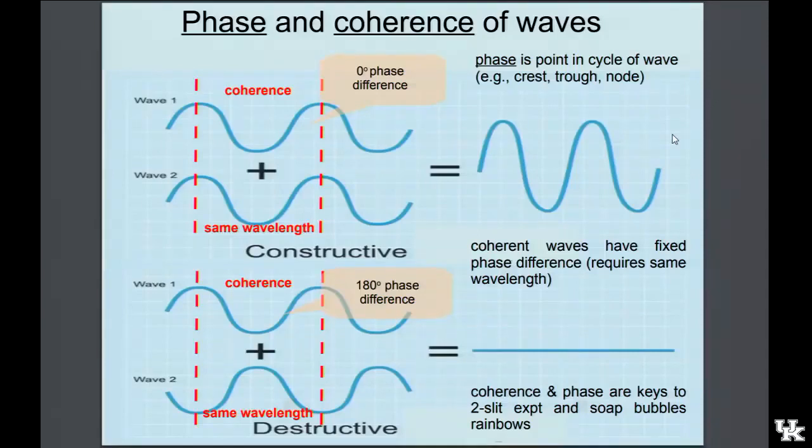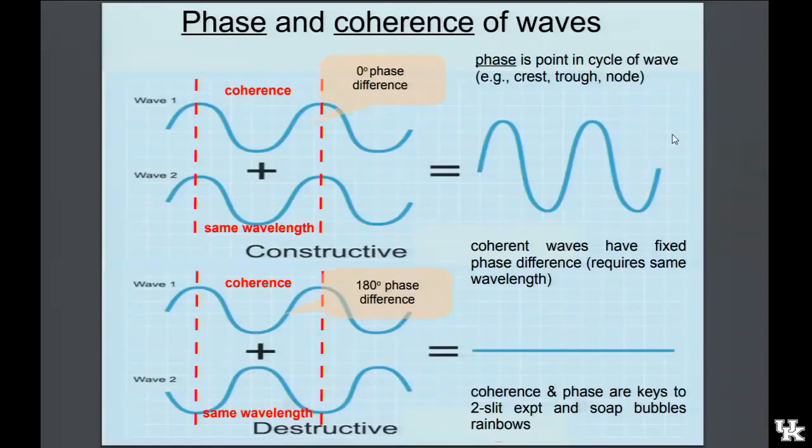In the other case, the destructive interference, the phase difference is 180 degrees. And so that's that language of coherence of waves and of phases and phase differences of waves. When we see interference, the waves have got to be coherent. When you see constructive interference, there's a certain phase difference. When you see destructive interference, there's a certain phase difference between the waves.